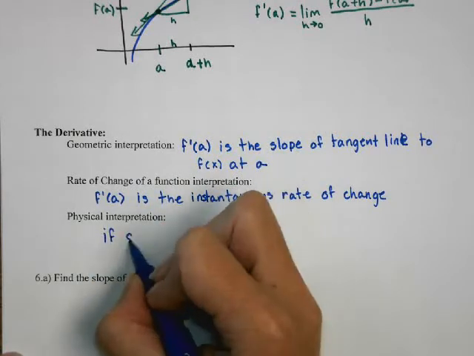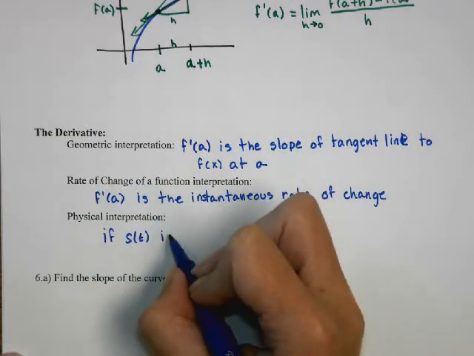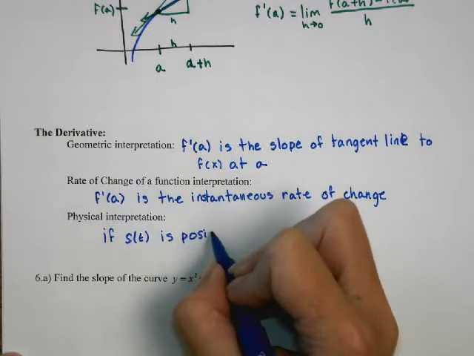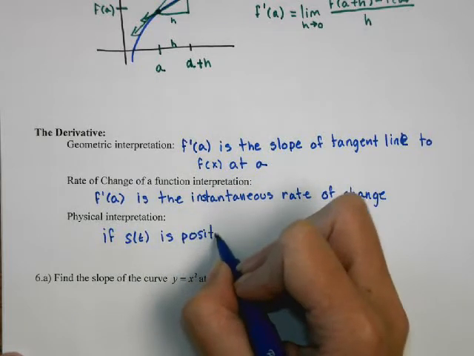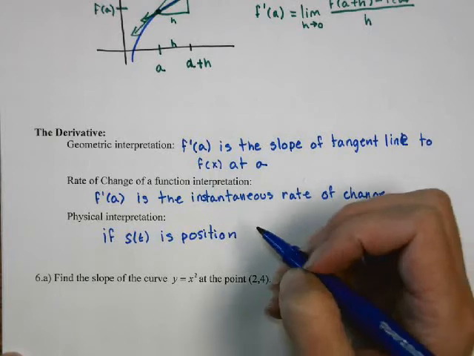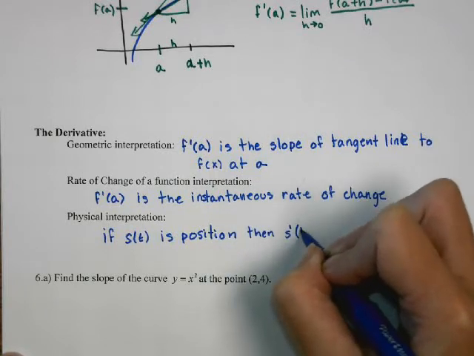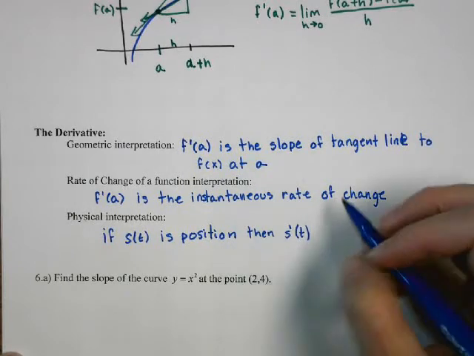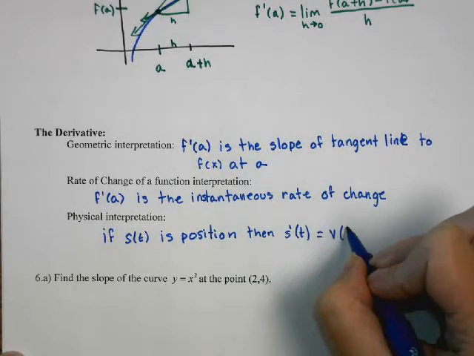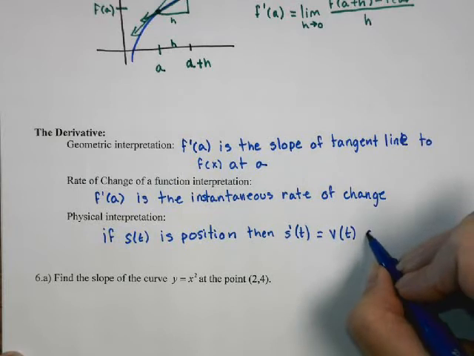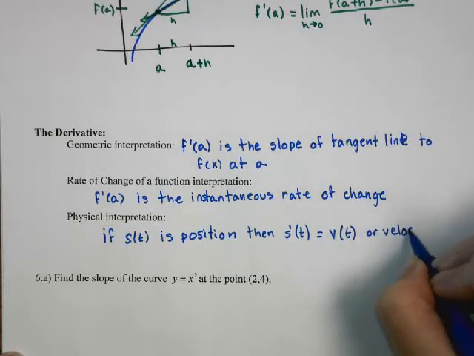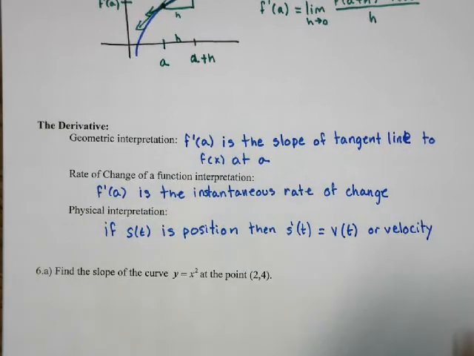If S of t is the position, then S prime of t, the derivative of t, is the velocity. So in different situations, if we take the derivative of position, we get velocity.